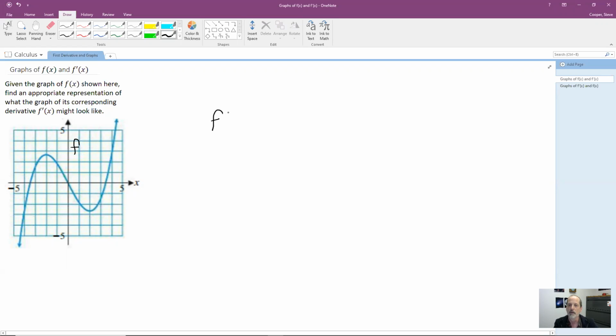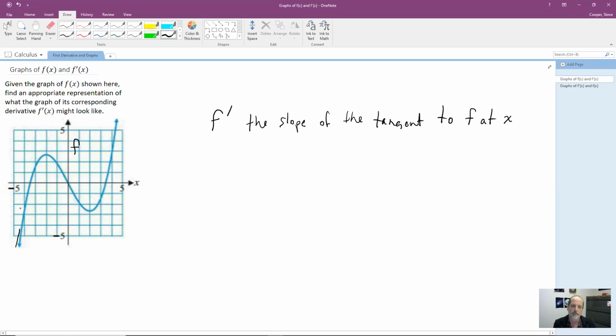Given its appearance, f prime, we know, means, one of its meanings we interpret to be the slope of the tangent to f at some input x. So the horizontal axis is all of our inputs for x.